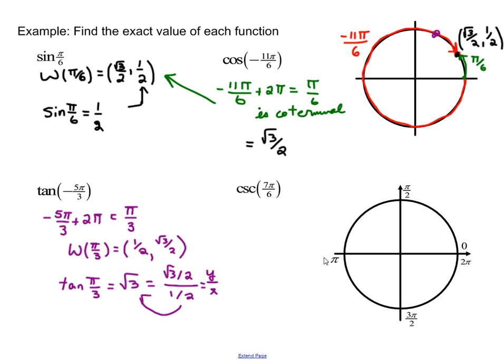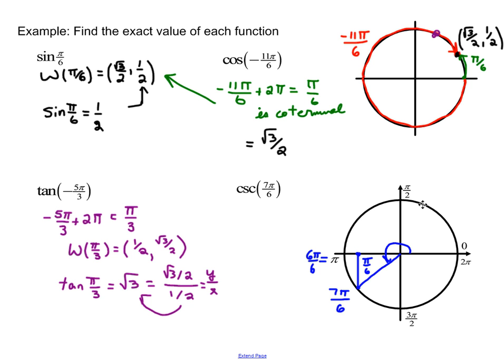And pi is equal to 6 pi over 6, right? 7 pi over 6 is 1 pi over 6 greater than that. So it's almost as though we're taking a position in our unit circle that corresponds to the reference angle of pi over 6. And we know what happens at our reference angle of pi over 6. So 7 pi over 6 goes with that pi over 6 angle located in the third quadrant.